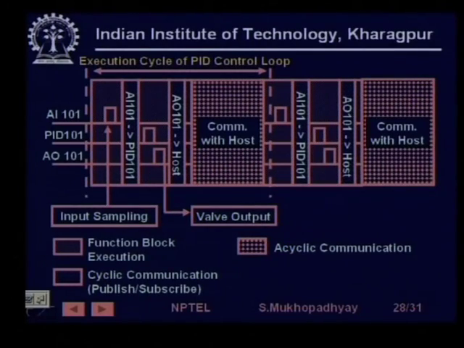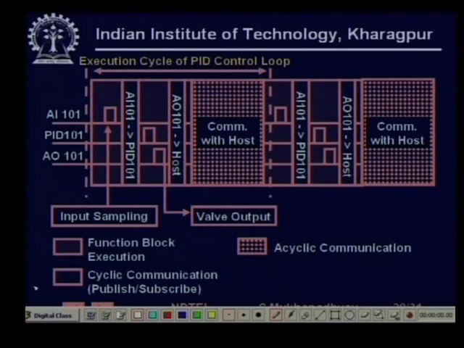So, first in this communication loop, the AI 101 to PID 101 transfer takes place. The analog input gives feedback to the PID controller. Now the PID controller, as we had seen in the previous diagram, and the analog output devices were on the same physical device.